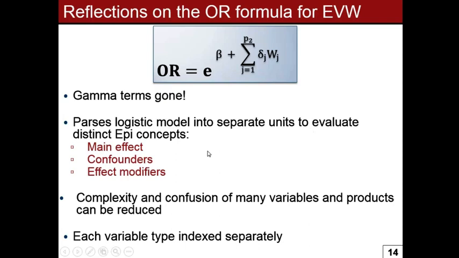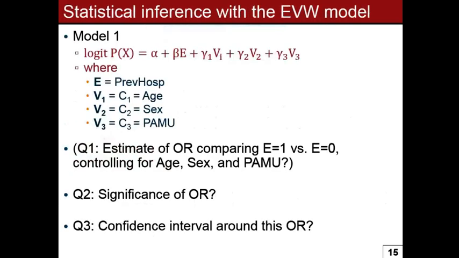Now this model just separates things into distinct concepts. What I like about this is that you index each type of variable separately. So you don't just have 20 betas, you know exactly how many terms of each type you're dealing with. That becomes very helpful. I have 4 EW terms, I've got 3 V terms, and so forth.